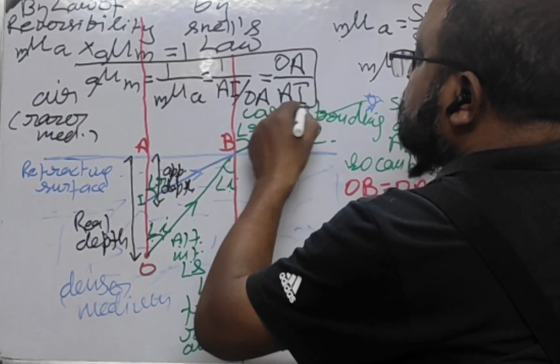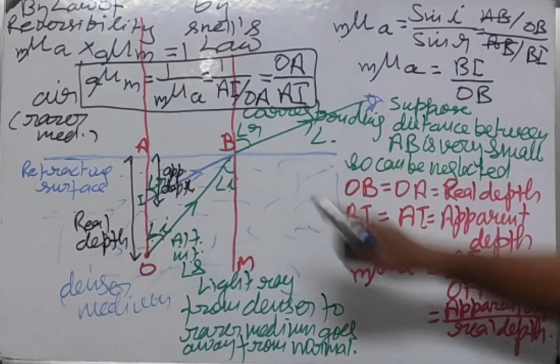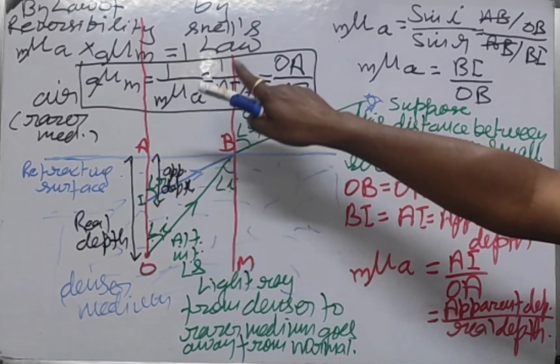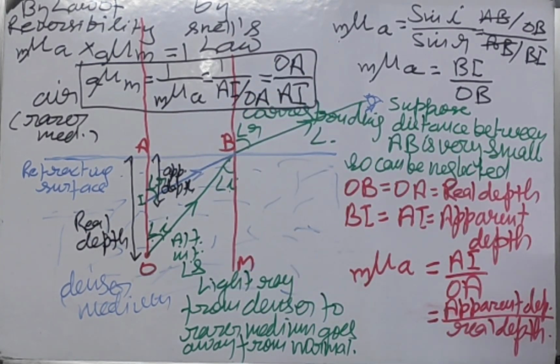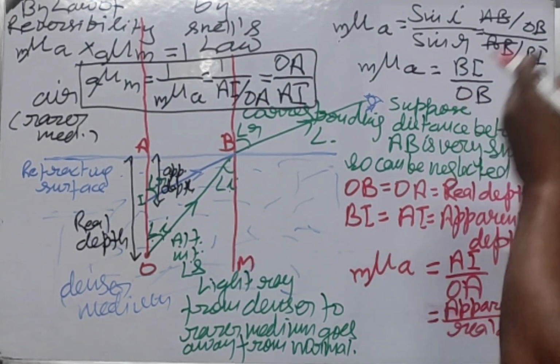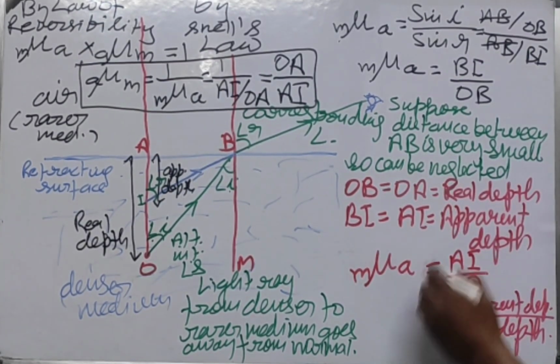I hope you understand this. So we have refractive index of medium with reference to air is equal to OA upon AI. OA is real depth and AI is apparent depth. Here it is written.